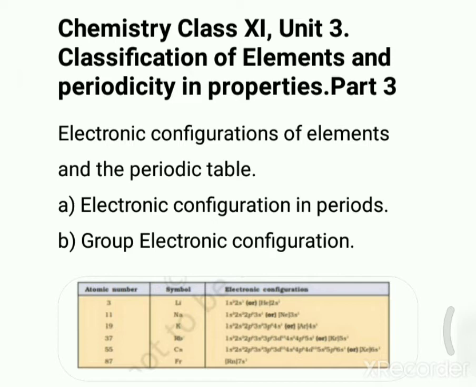We have also studied the filling of electrons into different subshells, referred to as orbitals, that is s, p, d, f in an atom. The distribution of electrons into the orbitals of an atom is called electronic configuration. What is electronic configuration?